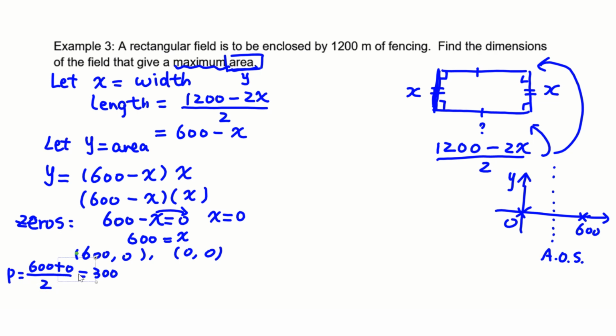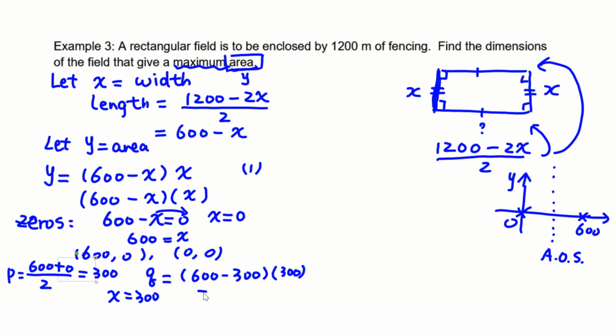Then we are going to find the q value. For the q value, you sub the x equals 300 back into equation 1. Then we are going to have 600 take away 300, then times 300. So replace the x with 300.